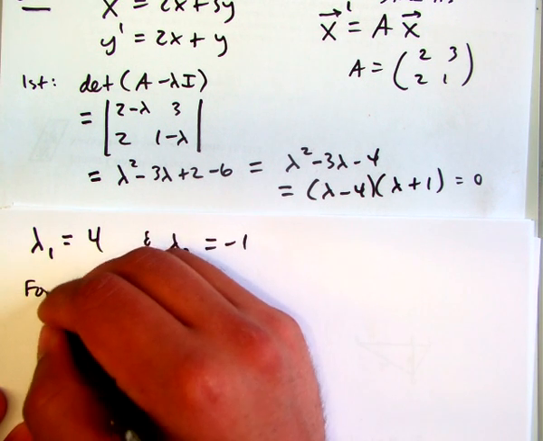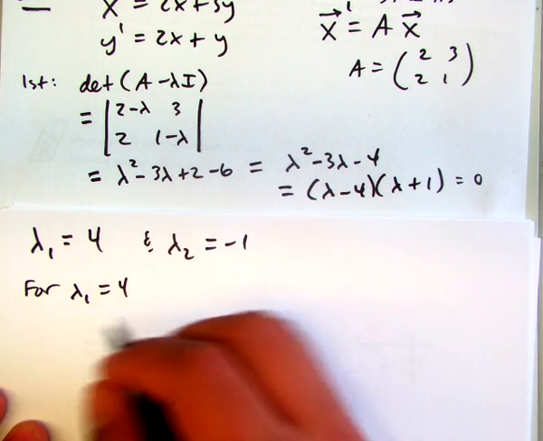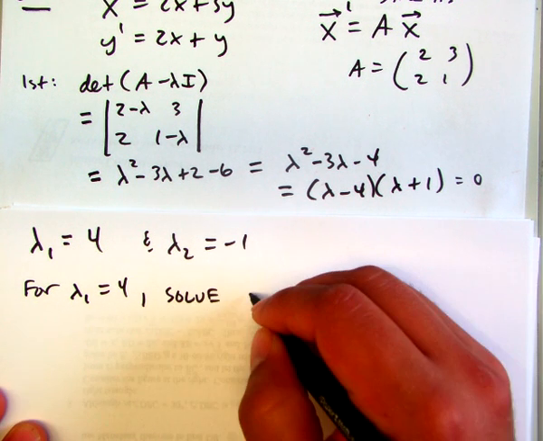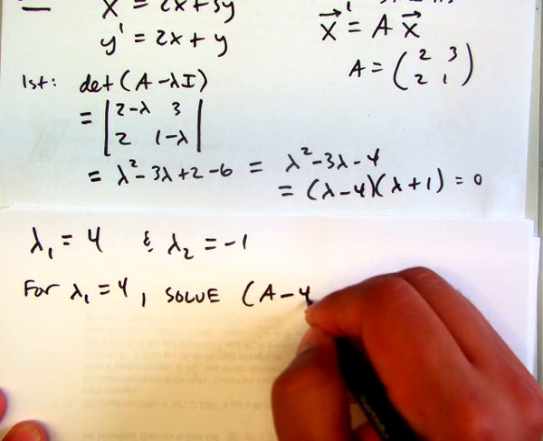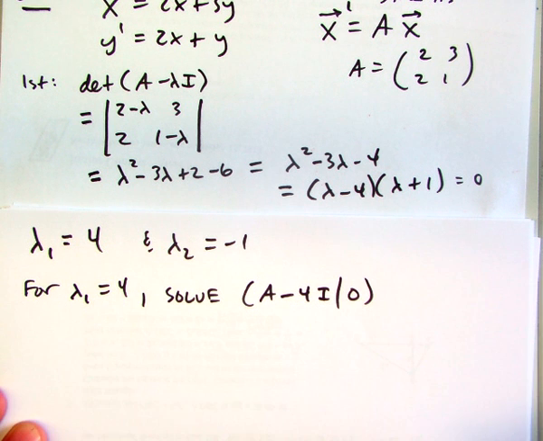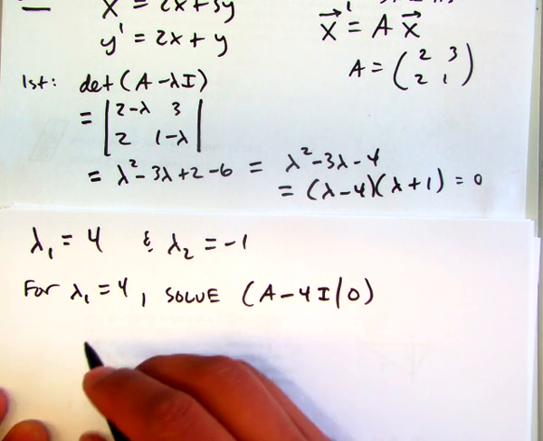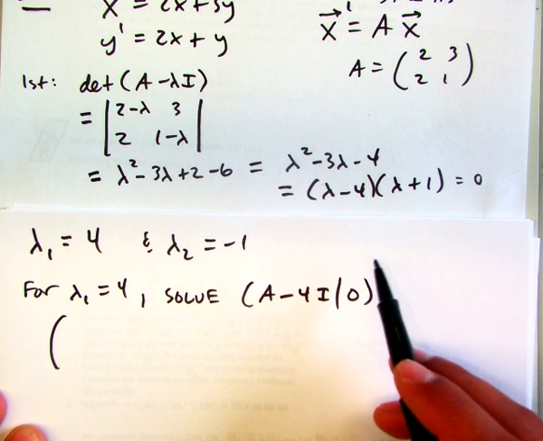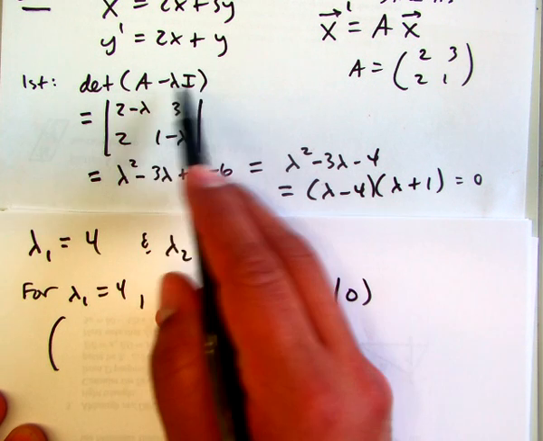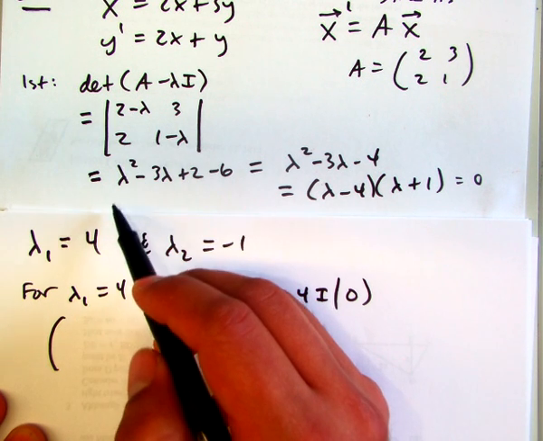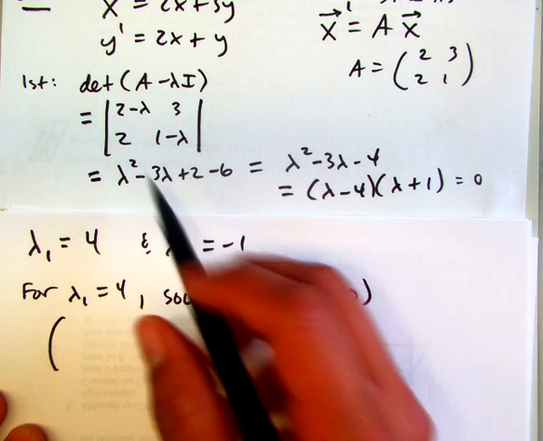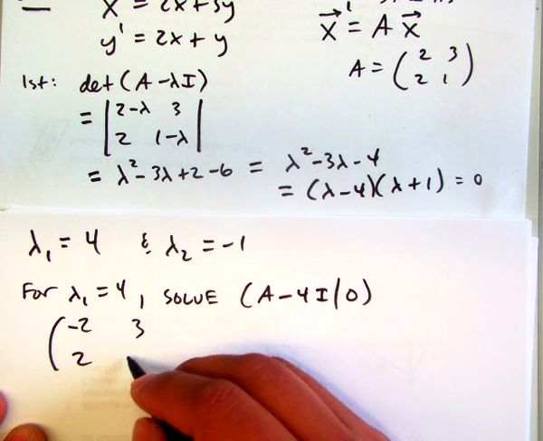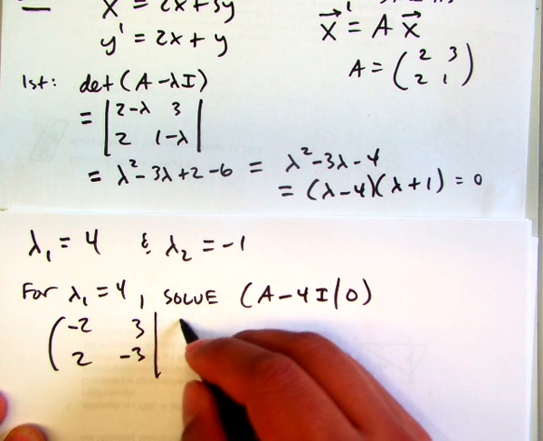Okay, so for lambda 1 equals 4, we're going to solve the augmented matrix A minus 4I with the 0 column vector. So take your A minus lambda I matrix and just plug in lambda equal to 4. So now we're going to get negative 2, 3, 2, negative 3.